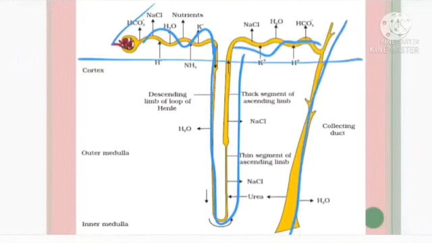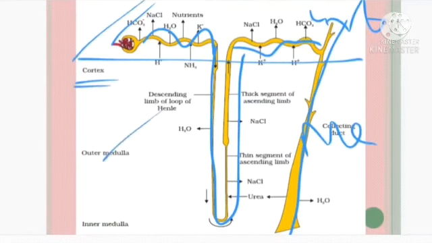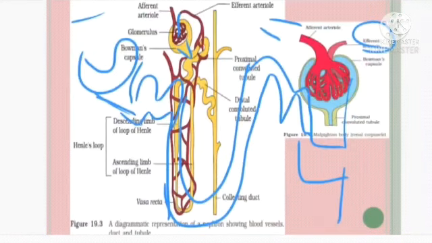This part is present in the cortex and this part is present in the medulla. This is the cortex, this is the outer medulla, and this is the inner medulla. Like this is the structure of the nephron. The red part covering the Henle's loops is all what? The blood capillaries.